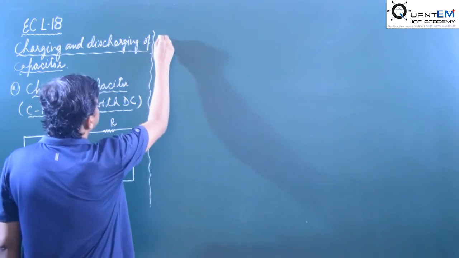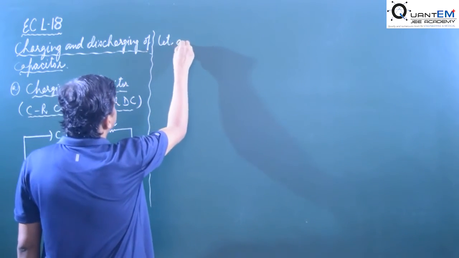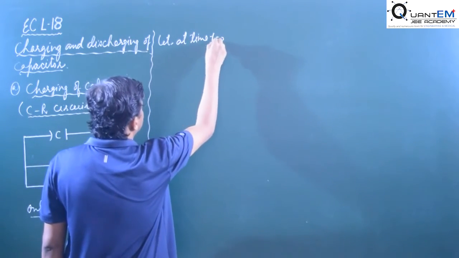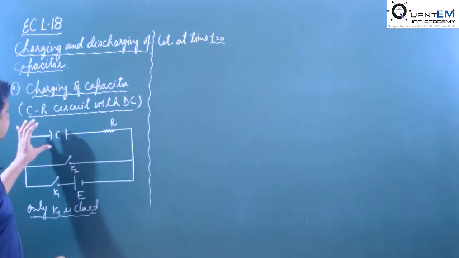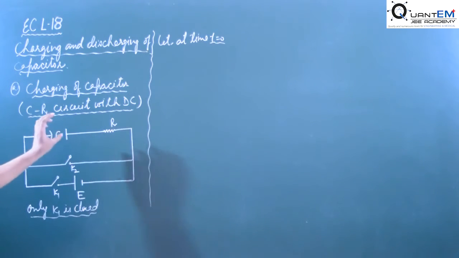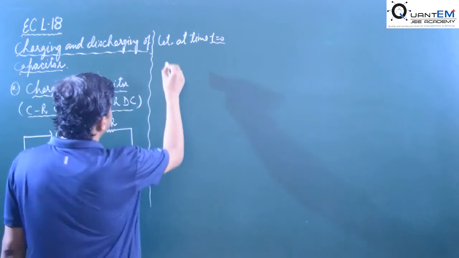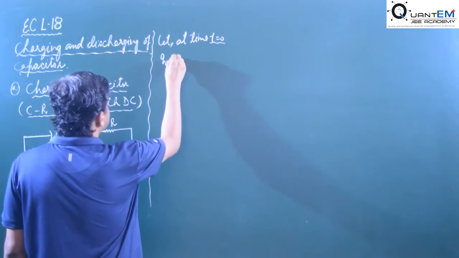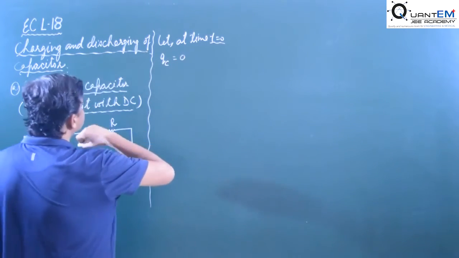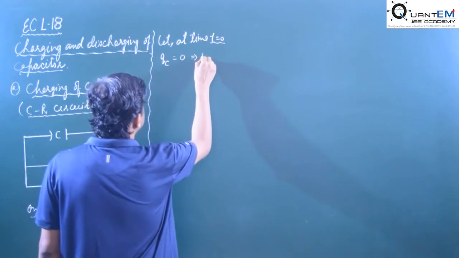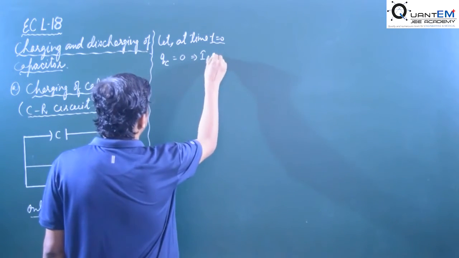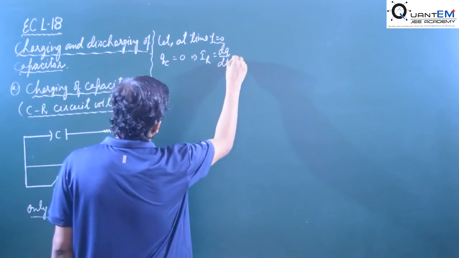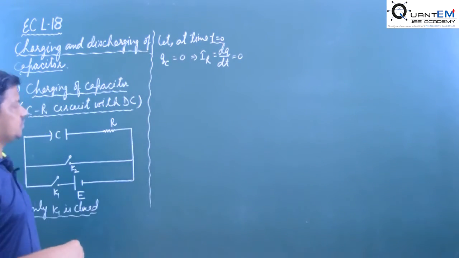Let at time t equal to 0, suppose this capacitor is initially uncharged, there is no charge across this capacitor. So at time t equal to 0, the charge across the capacitor is 0. If charge is 0, then the current across the resistor, dq by dt, is also 0.